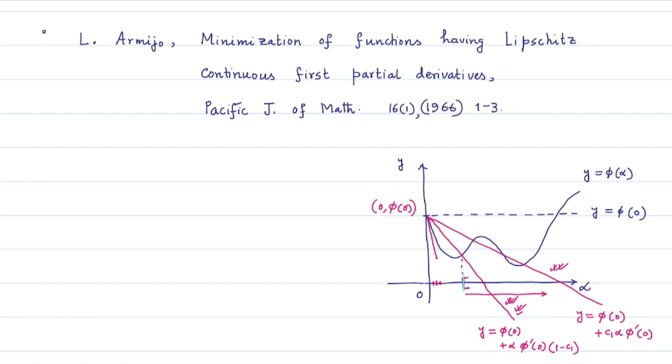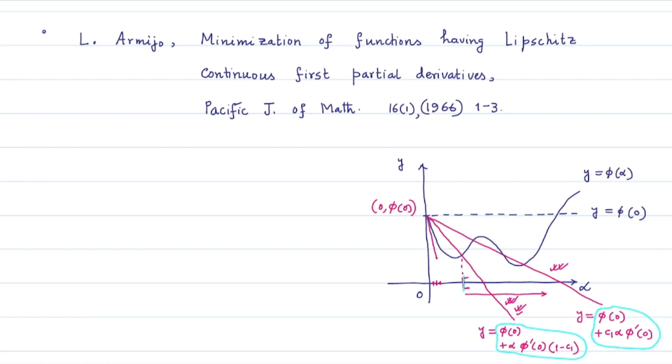So in order to avoid short step length, you consider a restriction of phi alpha to be bigger than this expression, and in order to consider a significant decrease of the function value, you also put a restriction that phi alpha should be smaller than this expression.